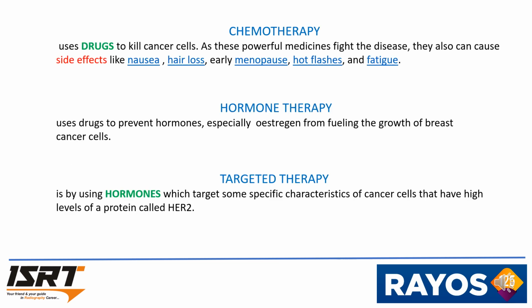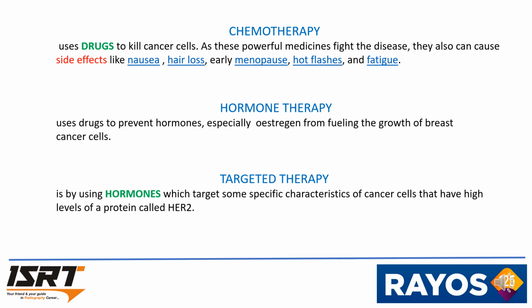Chemotherapy uses drugs to kill cancer cells. As these powerful medicines fight the disease, they can also cause side effects like nausea, hair loss, early menopause, hot flashes, and fatigue.